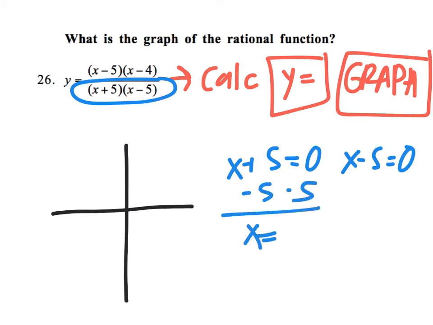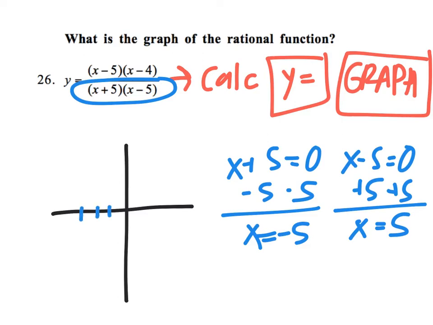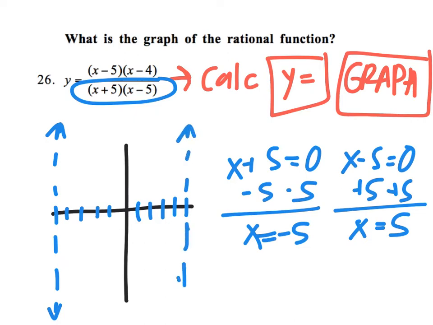We have x equals negative 5. Add 5 to both sides. x equals 5. If you go over negative 5, you're going to have a vertical asymptote. If you go over positive 5, you're going to have a vertical asymptote. And then your graph is going to do something in between there.